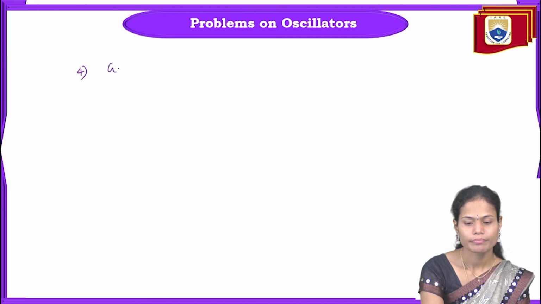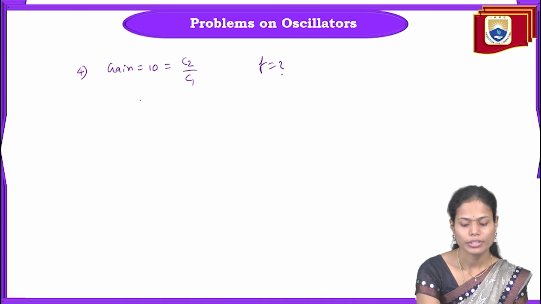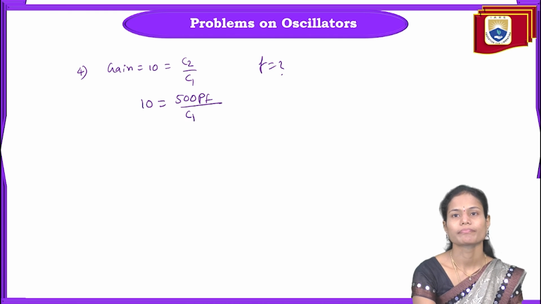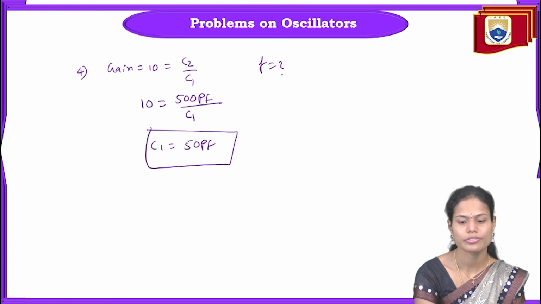Whenever the gain equals 10, that value is C2 by C1. So 10 equals 500 picofarads by C1, and this C1 we get as 50 picofarads.